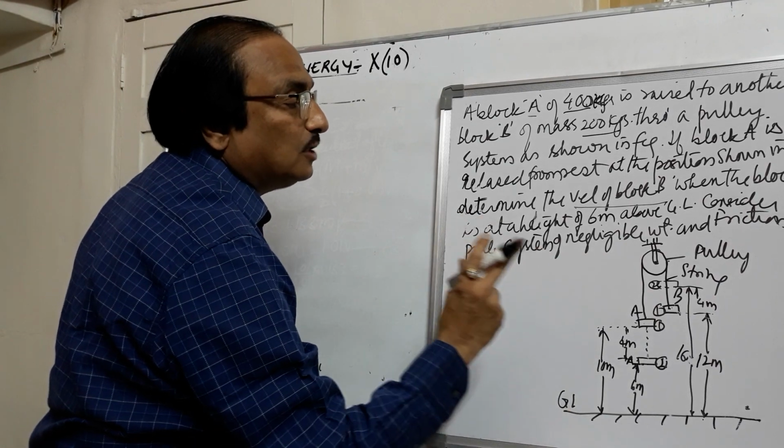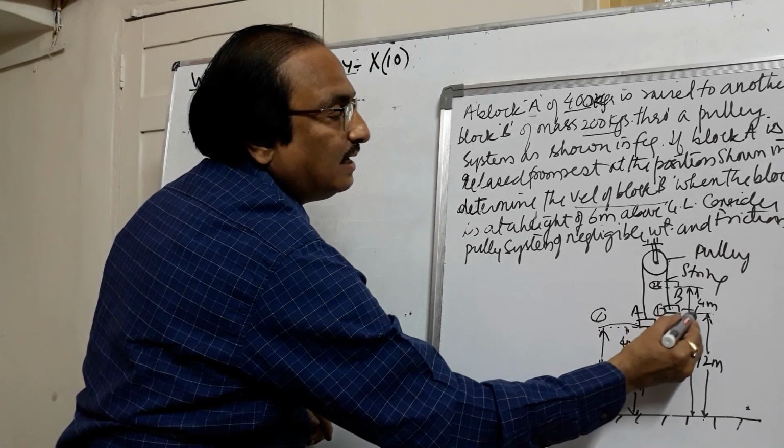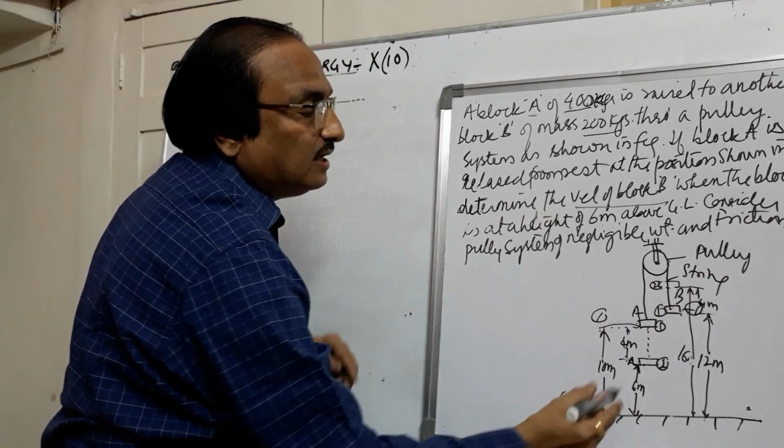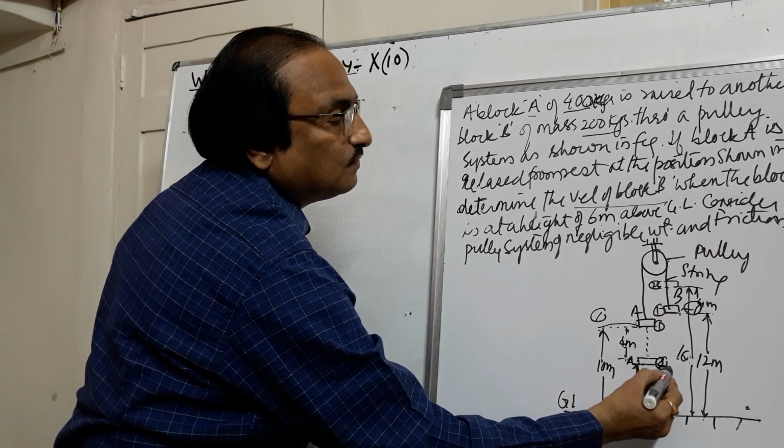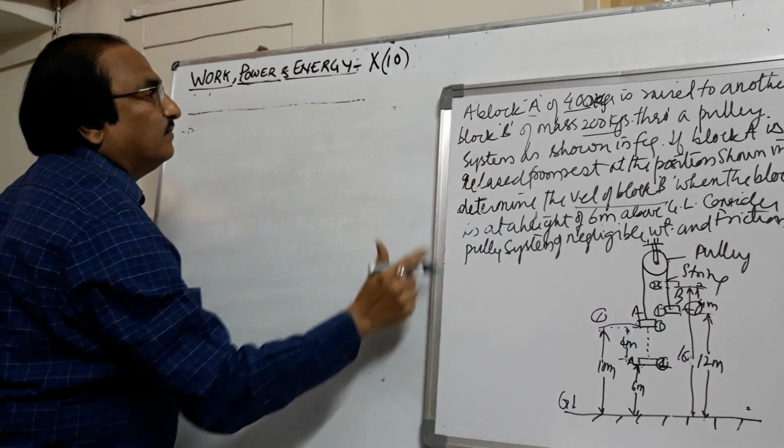Here you are seeing two positions. The first position is the initial position of A and B. Then when it moves, you have a second position of block A and a second position of block B. So let us draw that figure clearly here.